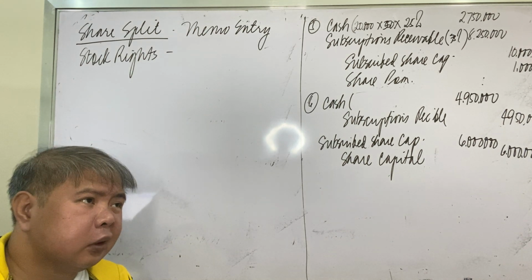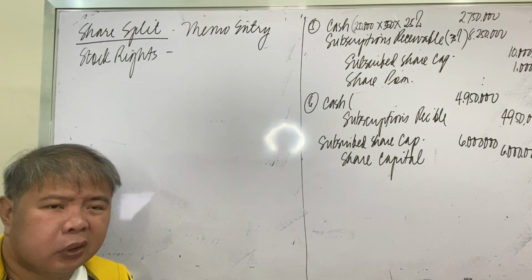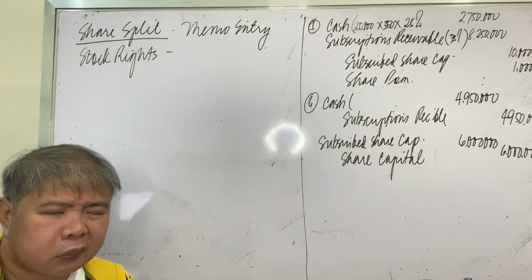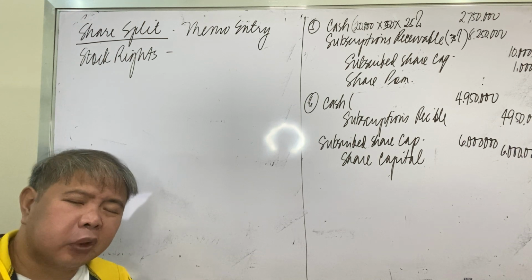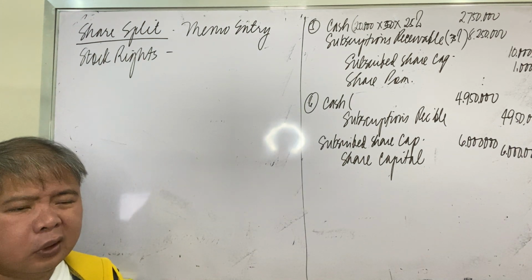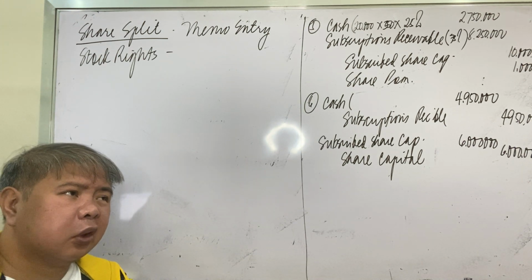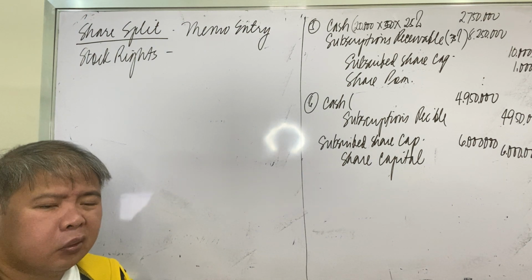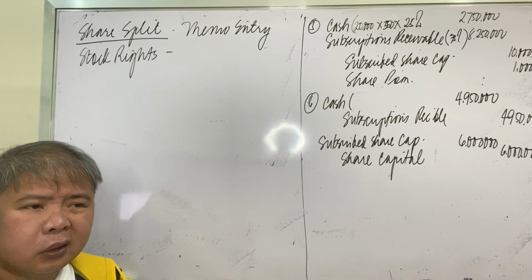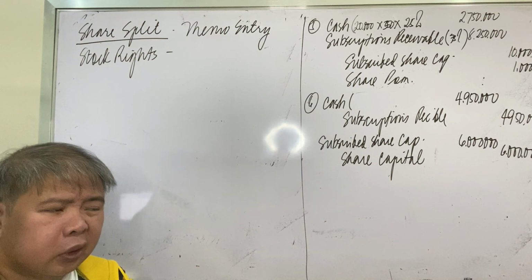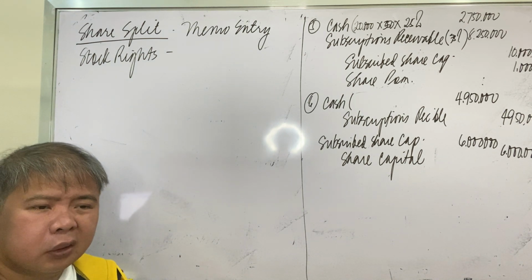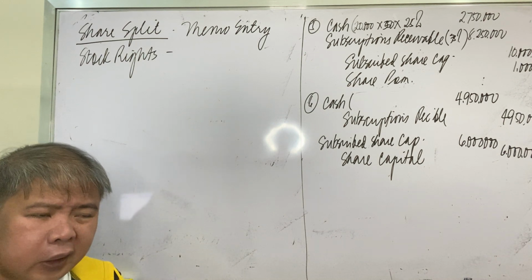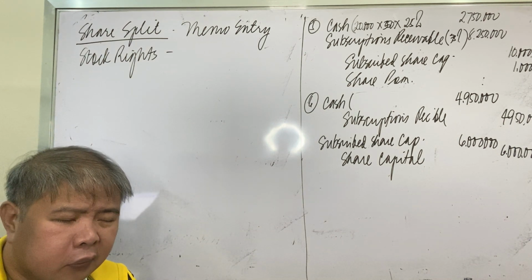The reason for this is that the Corporation Code protects the rights of the existing shareholders. So before the shares are issued to others, they have to be offered first to the existing shareholders, so that they have the opportunity to maintain the percentage of ownership they have in the corporation.